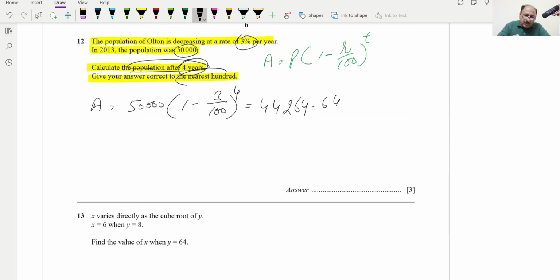We have to provide the answer to the nearest 100, so it will be 44300.